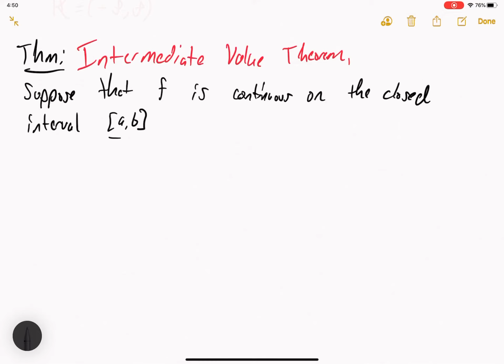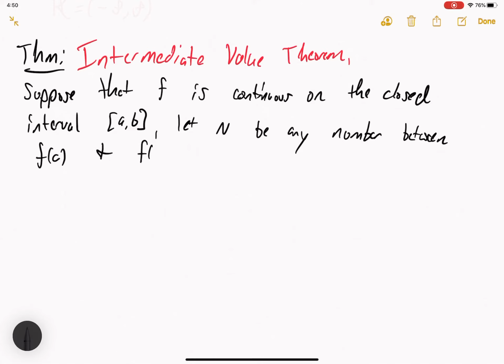And the fact that these are brackets, including a and b, is very important. If we don't have that, then we don't have the intermediate value theorem. And now let's keep going. And let n be any number between f of a and f of b. Man, my handwriting is trash.